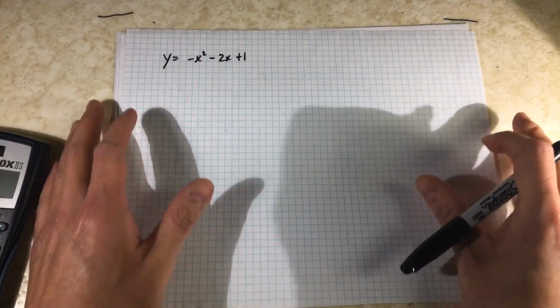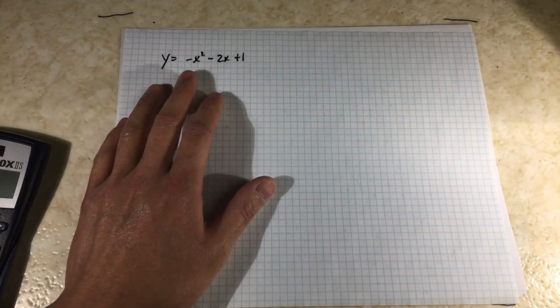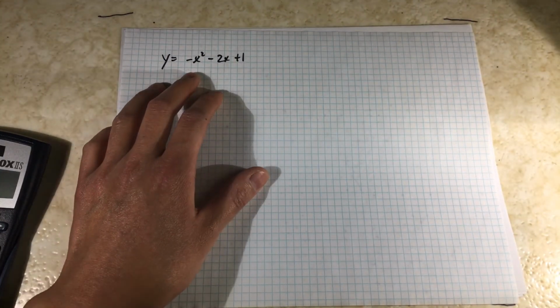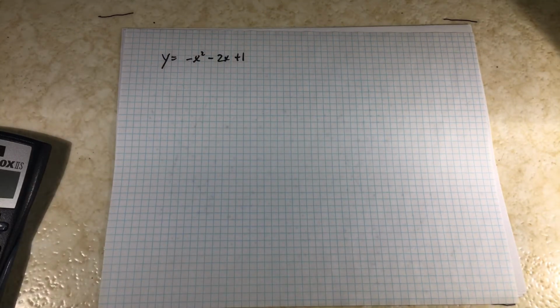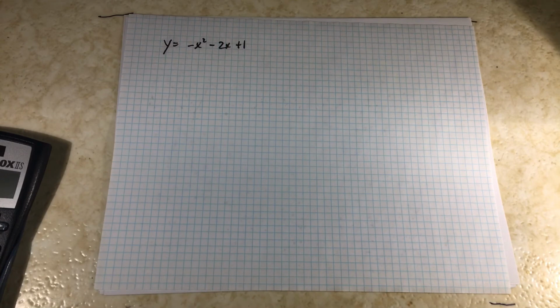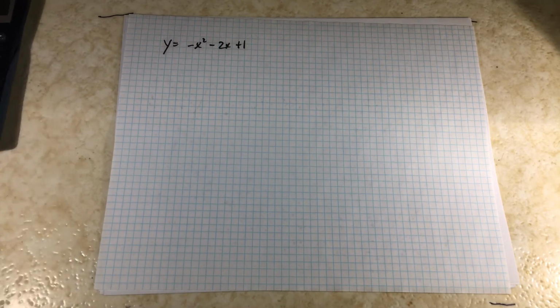What you're going to do is graph it. The steps are: find the concavity, find the y-intercept, find the vertex, find the x-intercepts, and then graph it, and put it into the form a(x minus h) squared plus k. I'll give you a 3 count to pause it and try it on your own, and then I am going to go through it.